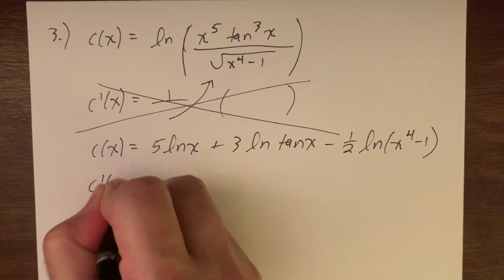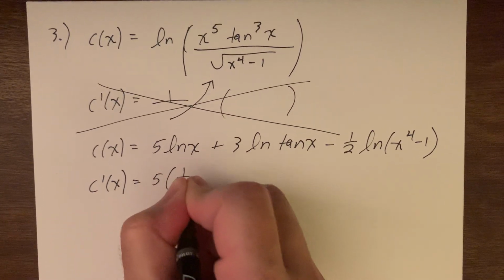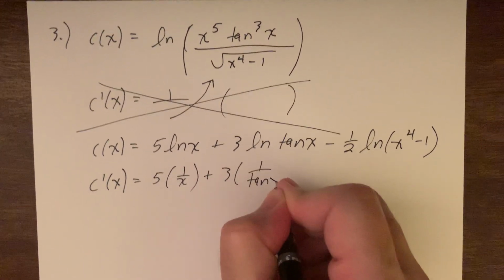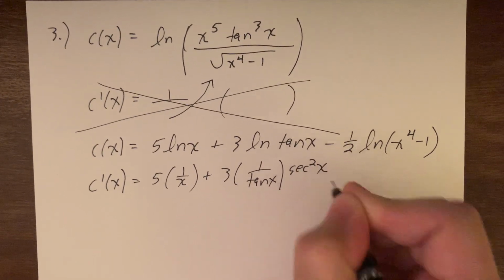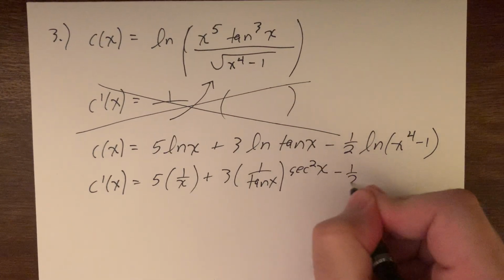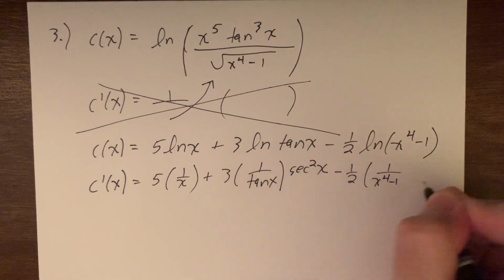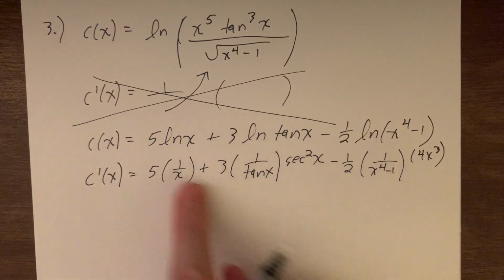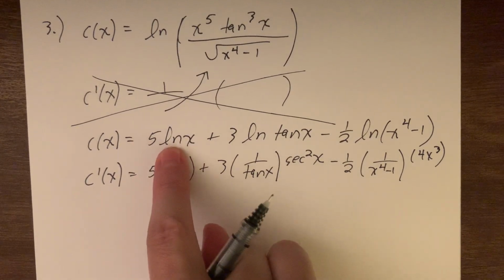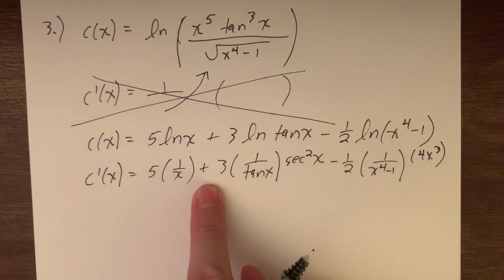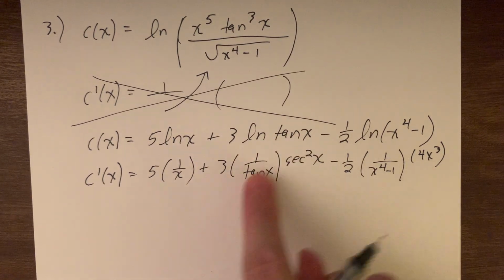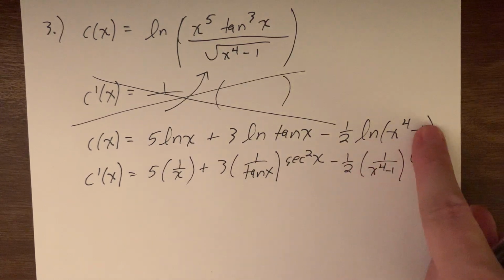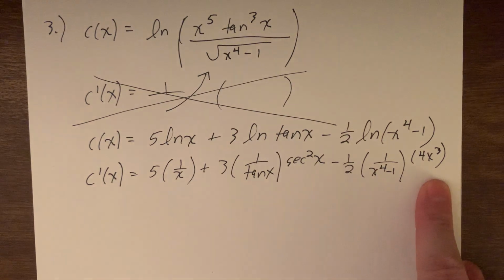So C prime is 5 times 1 over x plus 3 times 1 over tangent times secant squared minus 1/2 times 1 over x to the 4th minus 1 times 4x cubed. Coefficient pushed along, derivative of log is 1 over x. Coefficient pushed along, derivative of log is 1 over this times its own derivative. Minus 1/2 pushed along, derivative of log is 1 over this, times the derivative of the inside.